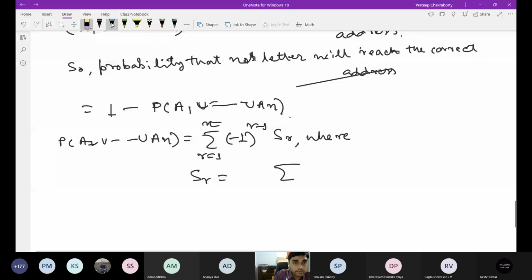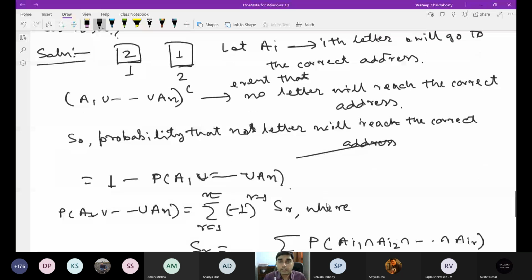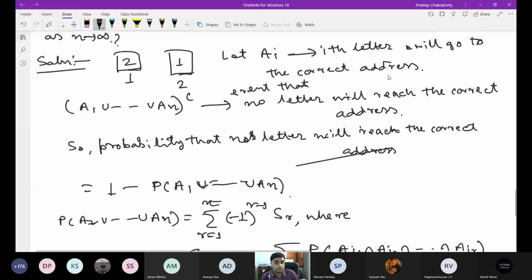This is P of AI1 intersection AI2, up to AIR. A1 is for what? For at least one. I am showing you. So 1 is less than or equal to I1 less than IR less than or equal to N. So AI is the event that the I-th letter will go to the correct address. So its union means at least one letter will go to the correct address.